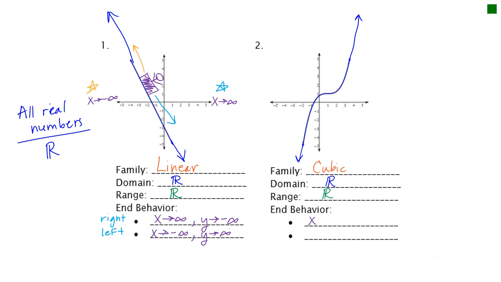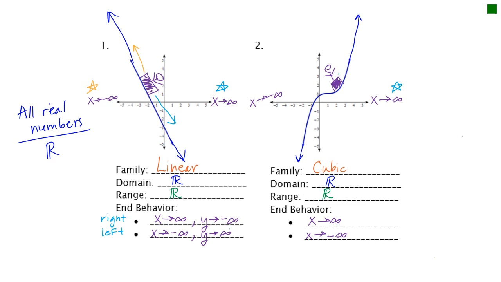For my end behavior, I always start with my same two things: as x goes towards infinity and negative infinity. So I'm going to imagine myself on a little roller coaster here. If I go towards infinity, so to the right, I would also be taken up on this graph.